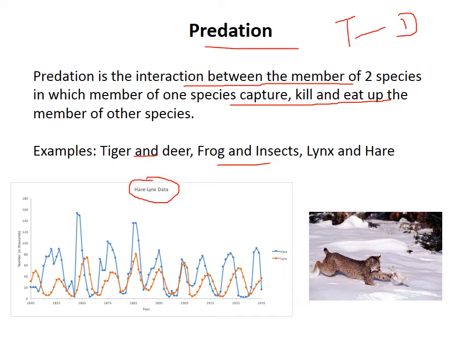Blue is the hare population. When the hare is increasing, the lynx is also increasing. When the lynx is increasing, the hare is decreasing. When the lynx is again decreasing, the hare is also increasing. So this is the game of prey and predator. One is increasing, the other is decreasing. It is the game of prey predator interaction.